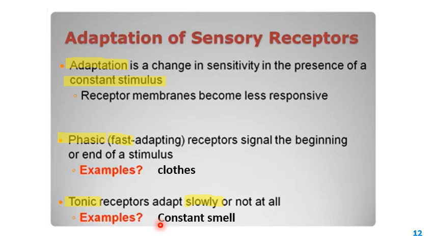This one is, for example, constant smell. We give the example of somebody who is a cat person, you know, like the crazy cat lady. I have cats, I have dogs. In my house, although my pets are usually very clean, you're always going to smell some cat or dog around, because they have their particular smells.